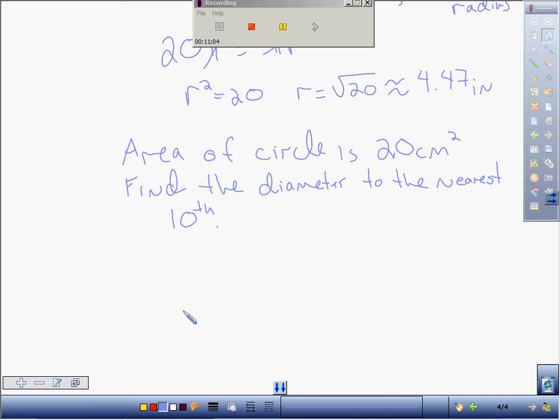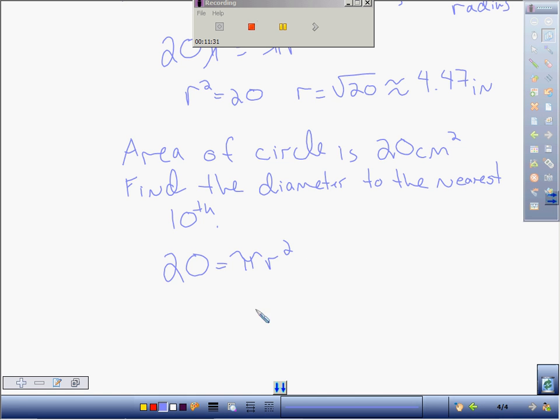Okay? So I'm going to take 20 again and set that equal to what? Just like I did in the last one, pi r squared. But in this case, I have no pi to divide away on both sides.